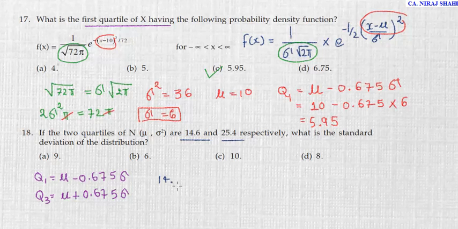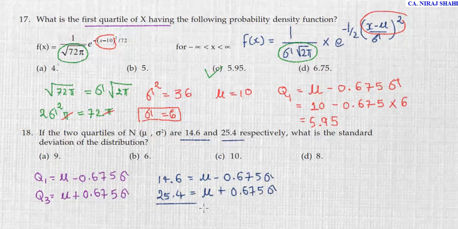So 14.6 is equal to mu minus 0.675 into sigma, and 25.4 is equal to mu plus 0.675 into sigma.